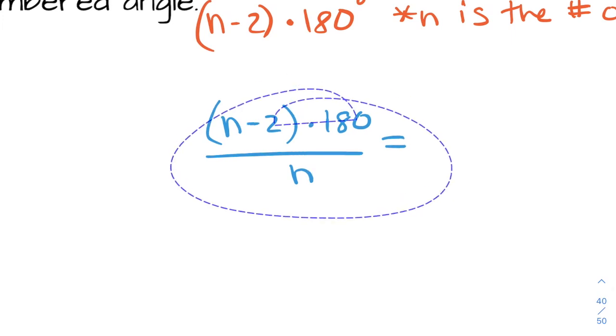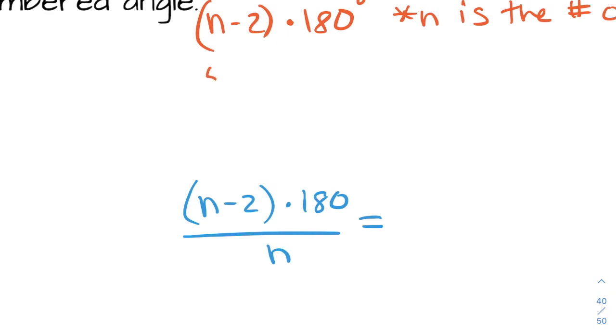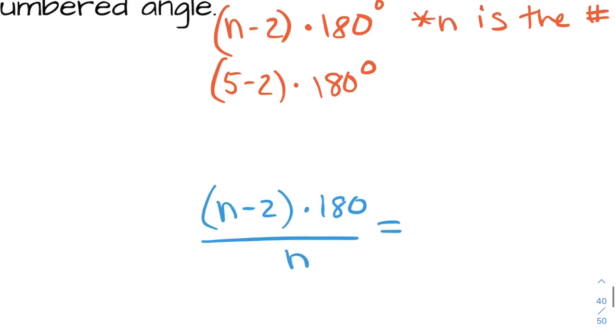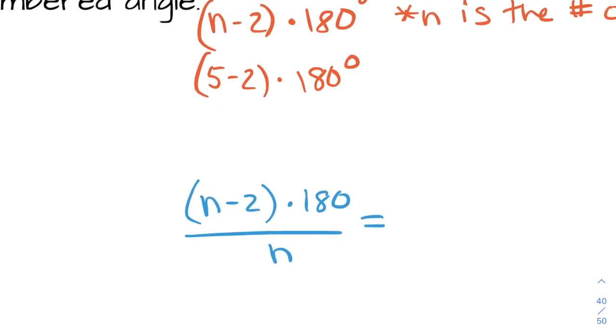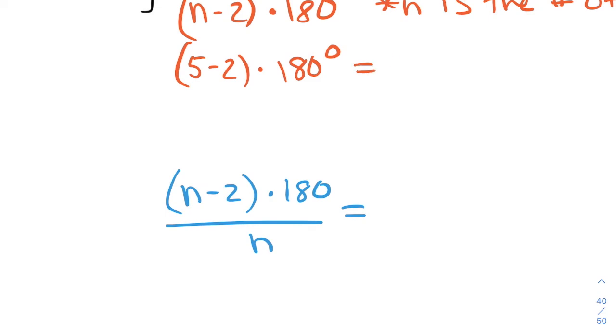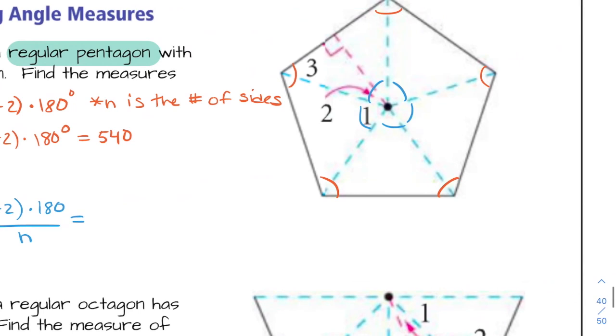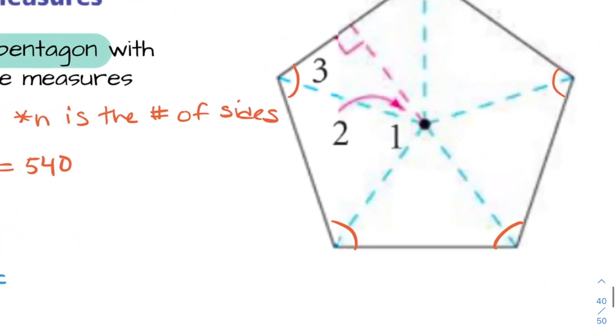So let me do some of this math. In orange, it's a 5-sided figure, so it's going to be 5 minus 2 times 180, which is 3 times 180. They all add up to 540 degrees. I apologize, I made another mistake.